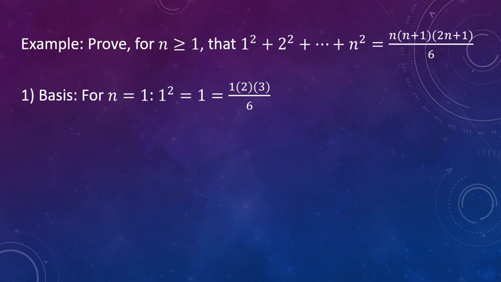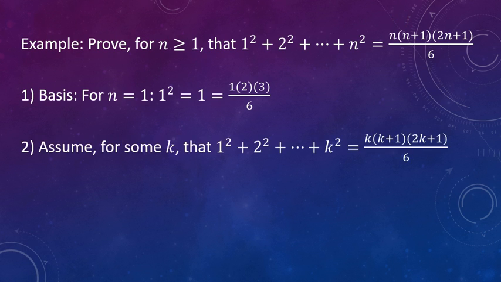If I take 1 and plug it in for n here, I get a 1 times a 2 times a 3, which is 6, divided by 6, thus gives me 1. So the basis step is done. We've shown that this is true for n equals 1.